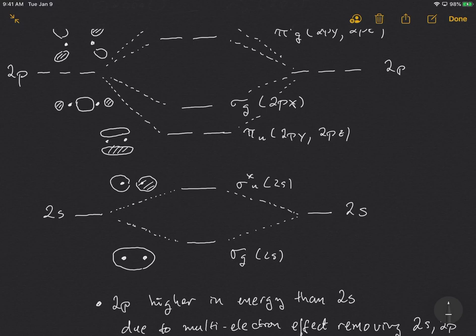Those two are degenerate, and when we put electrons into those pi u molecular orbitals, we'll need to follow our bus seat rule, meaning that we put one electron in the left line segment and then one electron in the right line segment. So if you have two electrons, that's where they go. Of course, if you have four electrons, then they're both going to be completely filled.